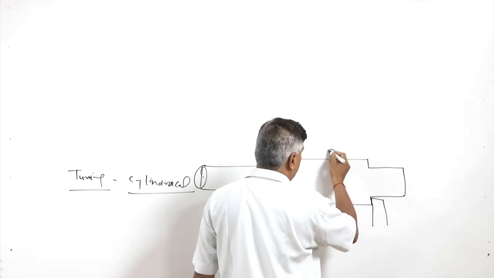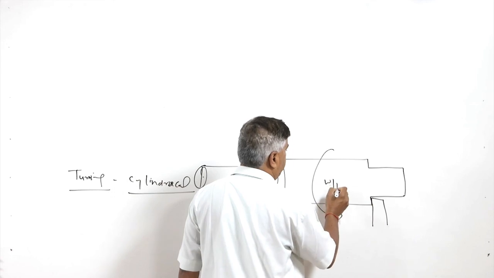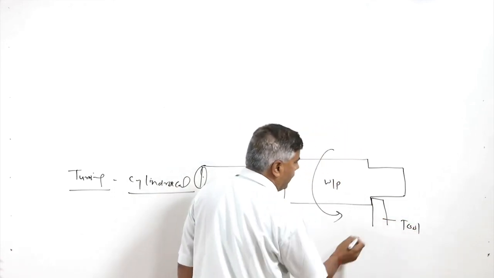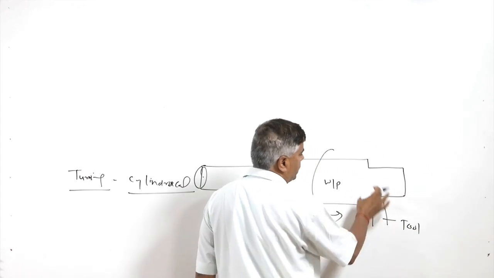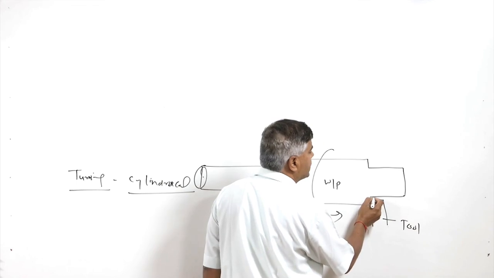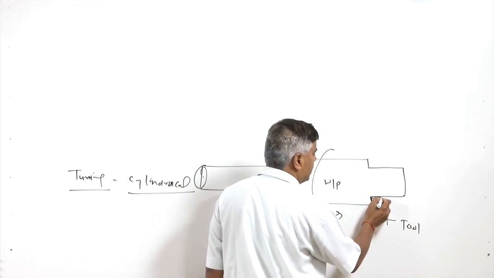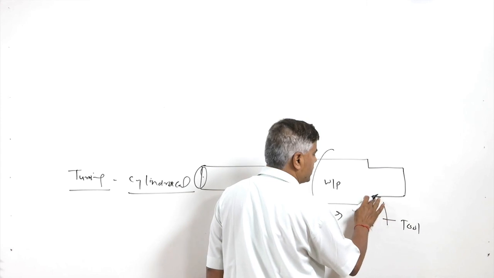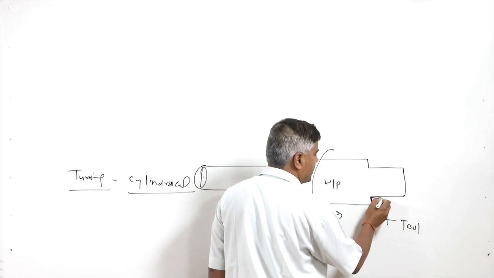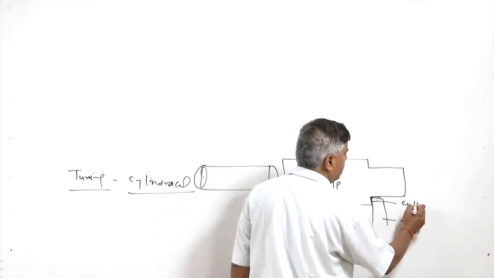The workpiece is rotated, and when the workpiece is rotated, the tool remains fixed and material is removed all along this line. This is the cutting edge which will be removing the material.